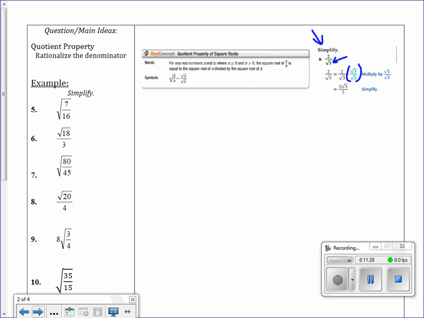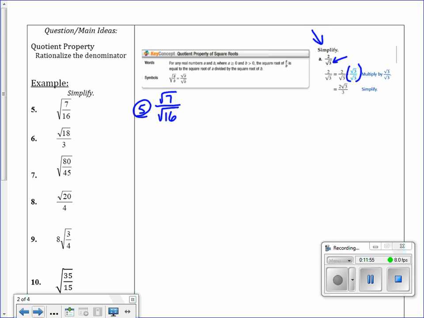So let's go ahead and start here with number 5. Number 5 shows the square root of 7/16. Again, a radicand cannot contain a fraction. So we're going to go ahead and simplify 5 as the square root of 7 over the square root of 16.